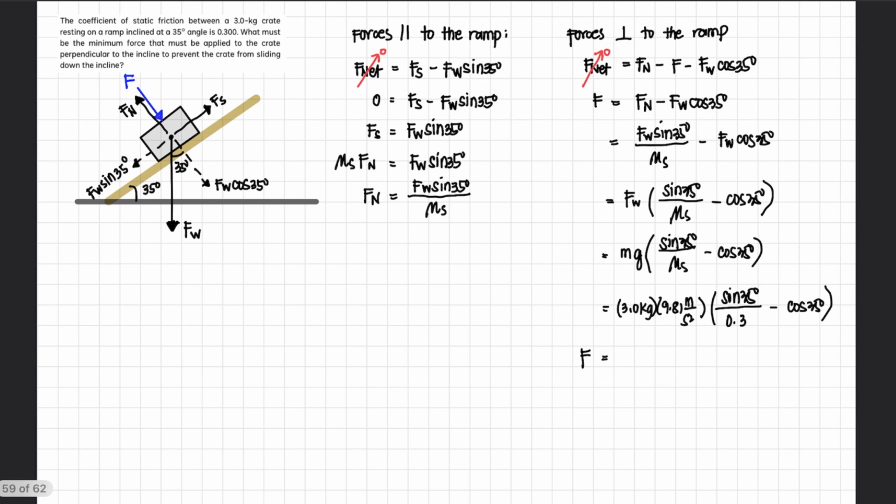The force that must be applied is 32.1602 newtons, so that the crate will not slide down the ramp.